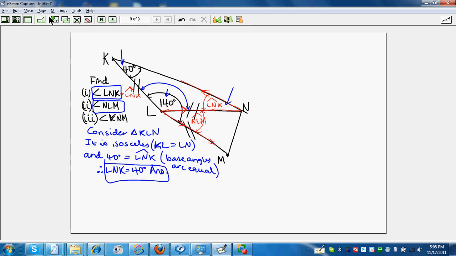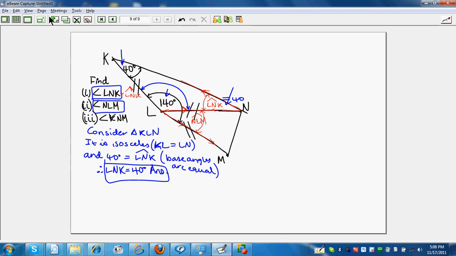Now, angle NLK could be found by noting the fact that if we add up the angles inside of the triangle KLN, we'll get 180 degrees. So let's do that.